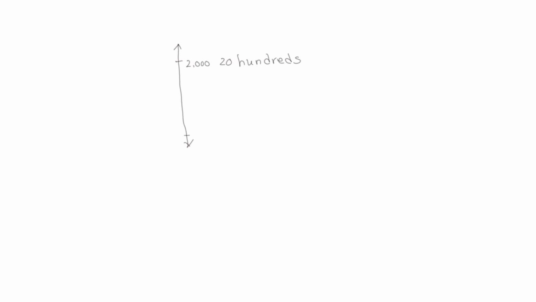And then here we're going to have 10 hundreds, which is 1,000. So the midpoint between 20 and 10 we saw before is 15. So 15 hundreds would be 1,500, would be the midpoint between 2,000 and 1,000.